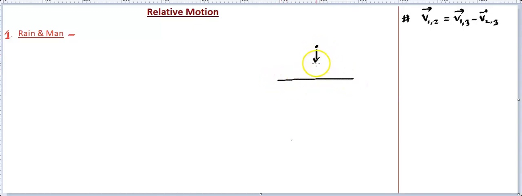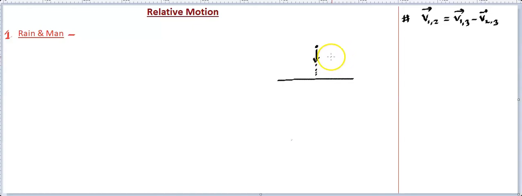Let's say that's the ground. This is one case, and if wind is blowing, it can also be the case that raindrops fall in another direction. So their direction can be exactly vertically down, or maybe having some component in the horizontal direction as well.